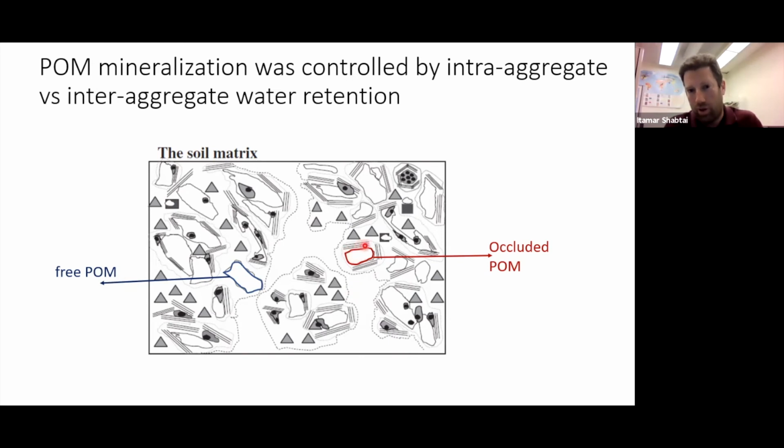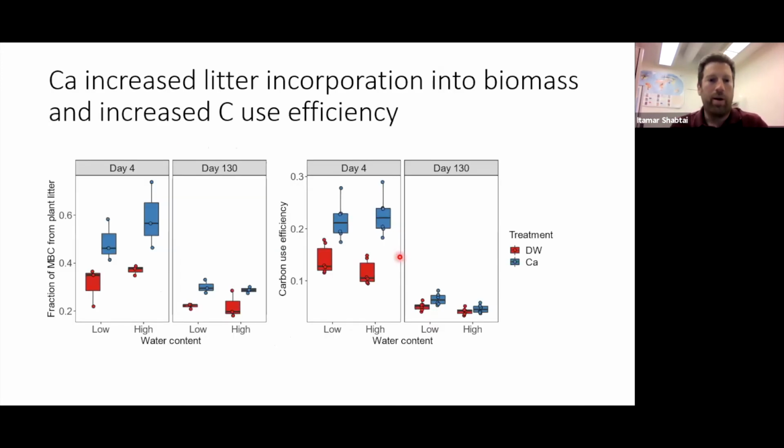Whereas if we imagine this is an occluded POM particle that's confined within these clay minerals, the pore size diameter of these locations is usually much smaller, and they can retain water even at relatively lower water content, which explains why at low water content, this type of POM must be targeted preferentially.